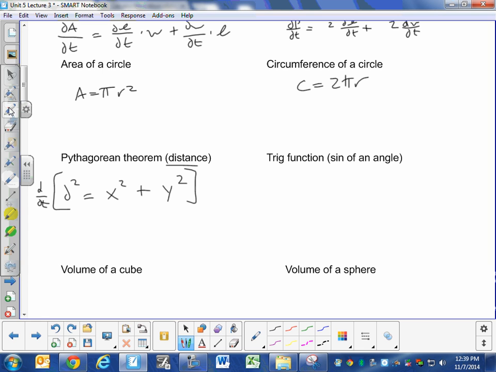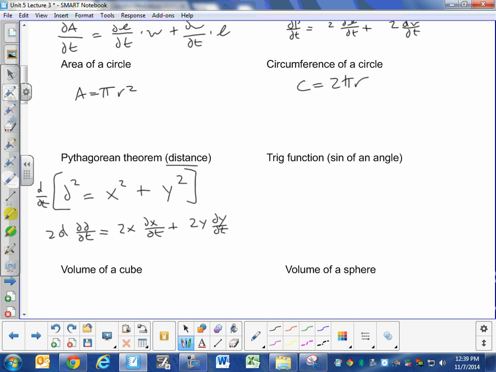What's interesting is if you want to find how your distance is changing, you need to double the distance at the specific moment, and that times the change in the distance will be equal to double your x distance times the change in your x distance, plus double your y distance times the change in your y distance.